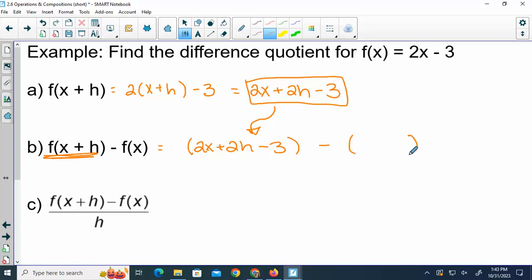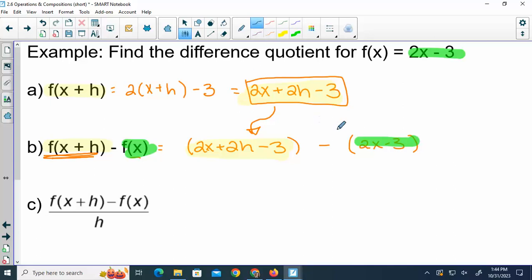Minus, what is f of x? 2x minus 3. So, make sure you're with me. The first thing we found was f of x plus h. We got that, so I replaced my f of x plus h with that thing. Minus f of x, which was the original problem, the 2x minus 3.